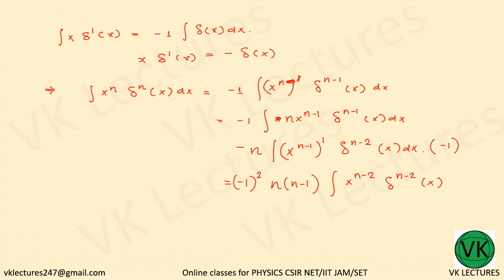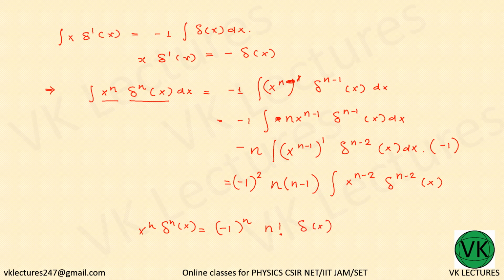So this continues. So what happens in the end, what you are going to get is x to the power n delta n of x, that is this one, x to the power n delta n of x will be minus 1 whole to the power n, this n minus 1, n minus 2 will go up to n, right, 1, so this will become n factorial into delta of x.